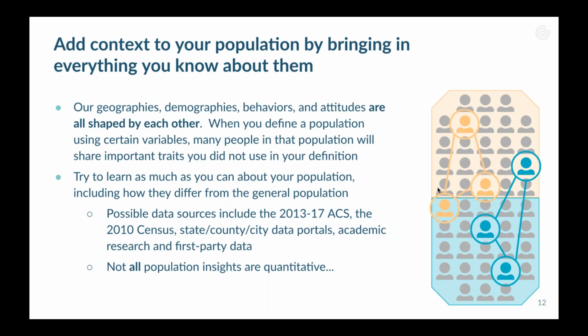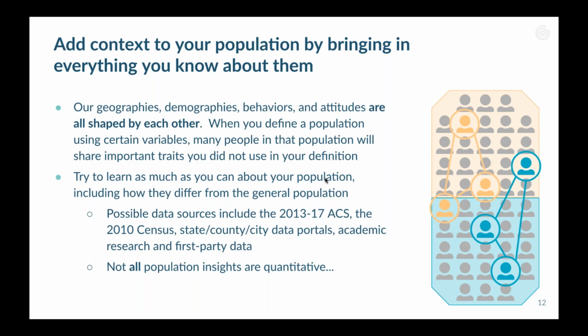But whenever we create those filters, those rule-based systems for defining our audience, what might be less apparent is that you're also selecting or filtering on a bunch of different traits that you did not choose as your rules. To take one example, if you want to look at the population of young adults, say from 18 to 30, what you may not be as aware of is that you're at the same time filtering to a population that are more often renters than homeowners.